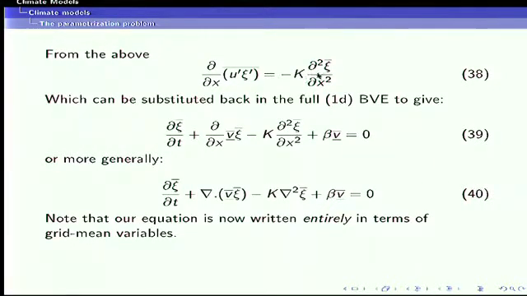And then I can substitute this back into my original equation. Okay. So what do we see now? Now we have the same equation, but it's all written in terms of the grid box mean quantities. Okay. So my function h has turned this unknown subgrid scale variability into a parametrization based on the grid mean quantities by making a hypothesis that the statistics of the turbulence act to smooth out gradients on the large scale and the small scale.